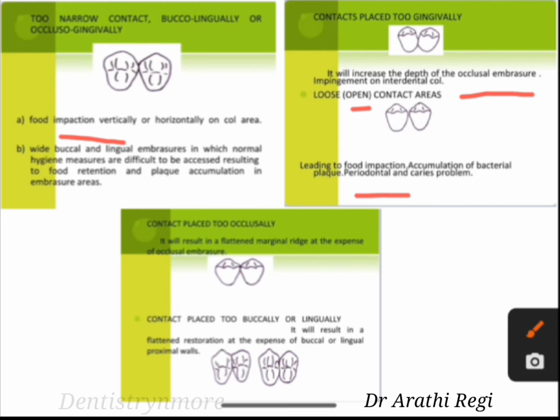If the contact is placed too occlusally, it may flatten the marginal ridges at the expense of occlusal embrasures, and if the contact is placed too buccally or lingually, it will result in a flattened restoration at the expense of the buccal or lingual proximal walls.